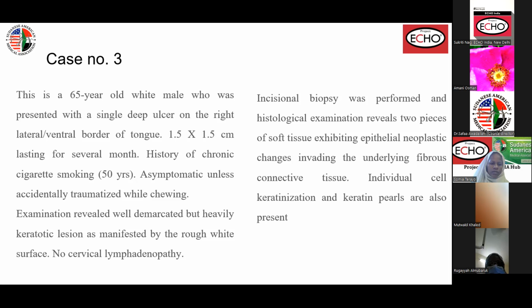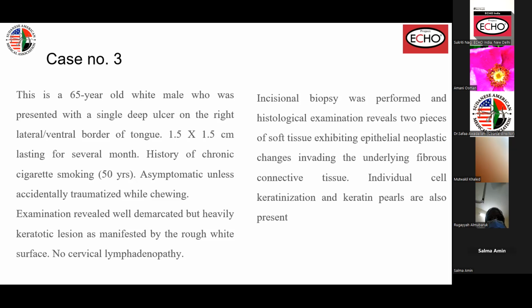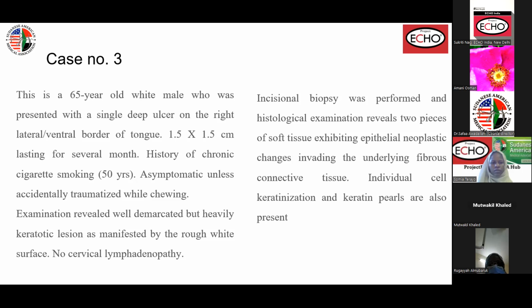History of chronic cigarette smoking for 50 years. The lesion is asymptomatic unless accidentally traumatized while chewing food. Examination revealed a well-demarcated but heavily keratotic lesion as manifested by the rough white surface. There was no cervical lymphadenopathy.